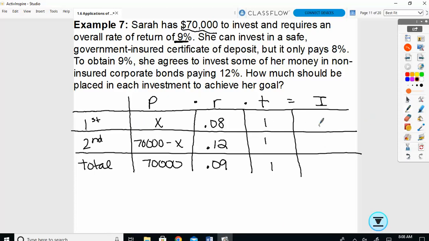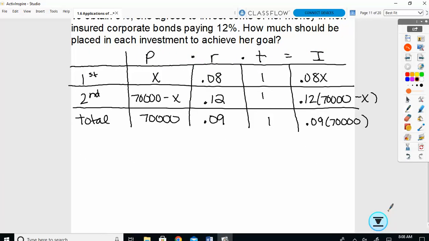So now it's just like yesterday. We multiply across. So X times 0.08 times 1 is 0.08X. So then we have 0.12 times 70,000 minus X. 0.09 times 70,000. And then how did we write our equations? That doesn't change. You just add the two you're mixing together to get your total.